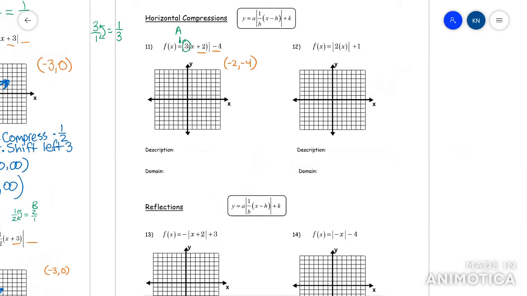So this is my B. So when you do A over B, it's really like 1 over 1/3, which is really like 1 over 1 over 1/3, which is really like 1 over 1 times 3 over 1, which is really just 3, or 3 over 1.